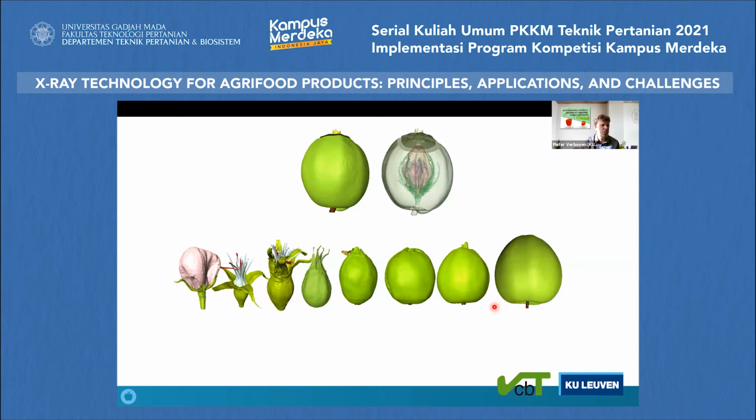We ourselves use these morphological data also to learn more about how fruits are developing on the tree. Here's an example of how an apple fruit develops over the course of its growth from a flower to fruit set up to a mature fruit. And this takes several months to complete.